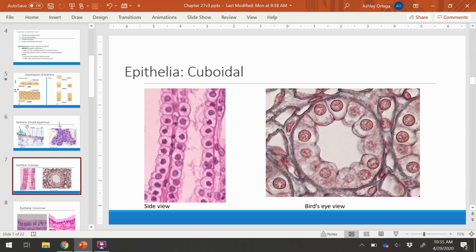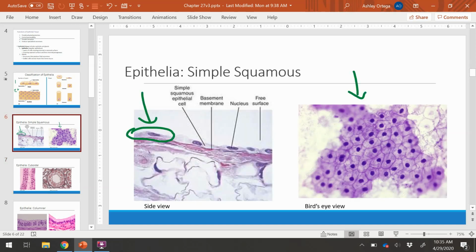All right, so taking a look at cuboidal here. I'm sorry, I forgot one thing on simple squamous before I move on. These cells are needed for gas exchange, so they're found in the lungs, in the heart, and other regions with blood vessels, where you need a very thin layer of cells to define a line, so to speak, but you also need them to move things quickly through them.